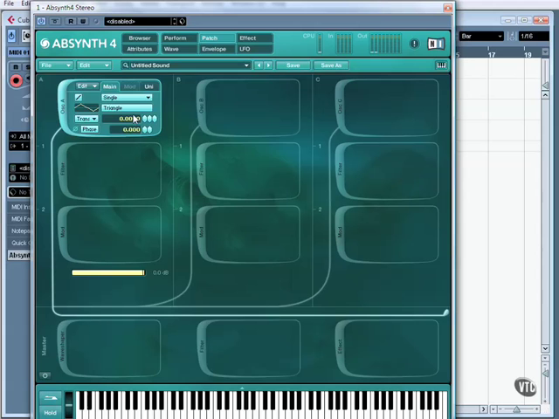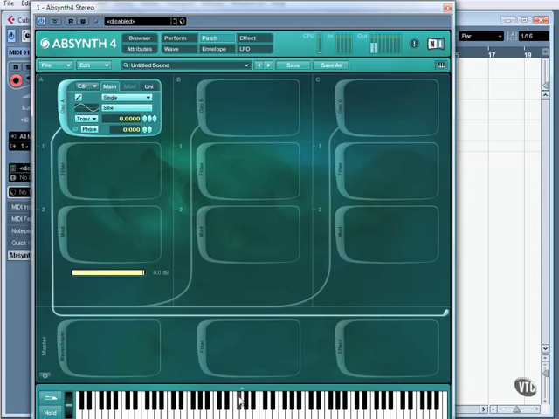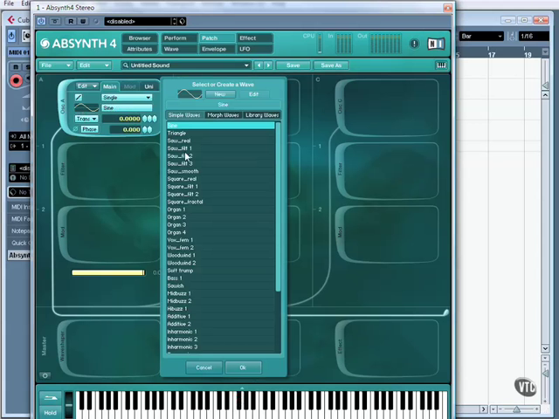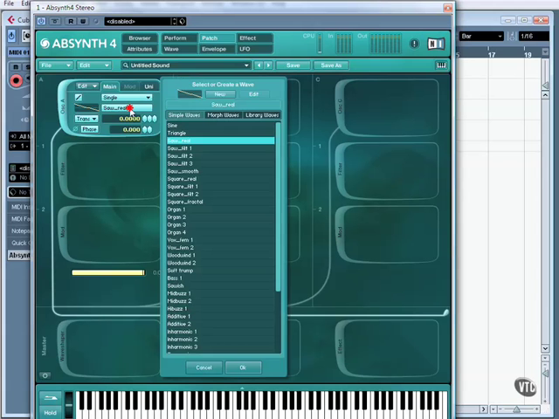gives me a different tonality than what I had with sine. Likewise, if I choose saw, I get a different sound once again.